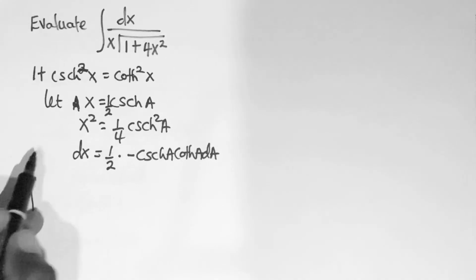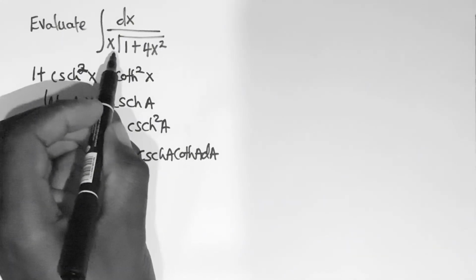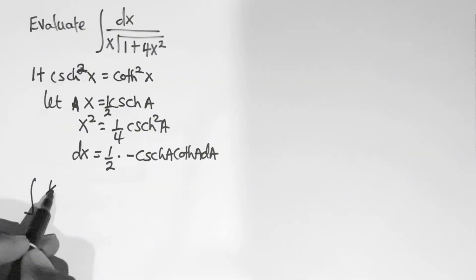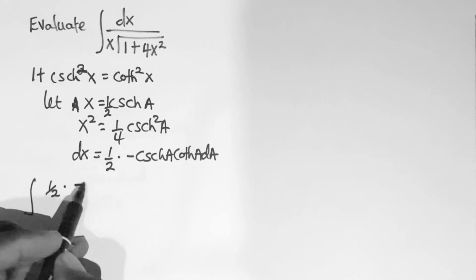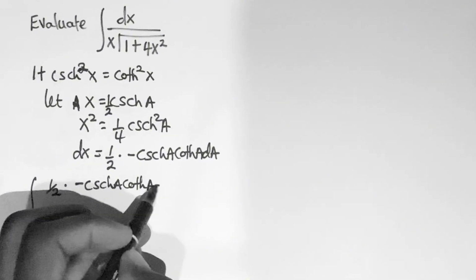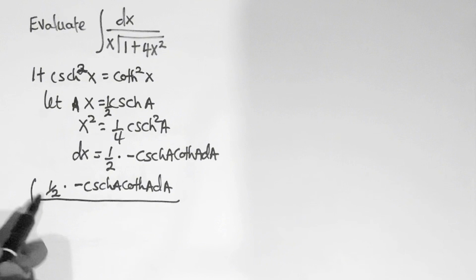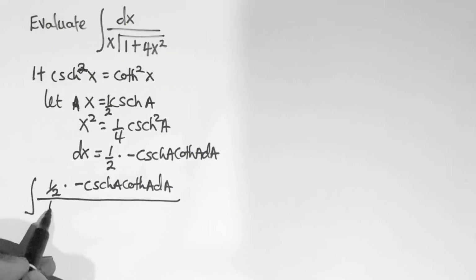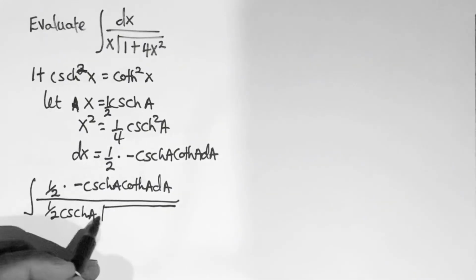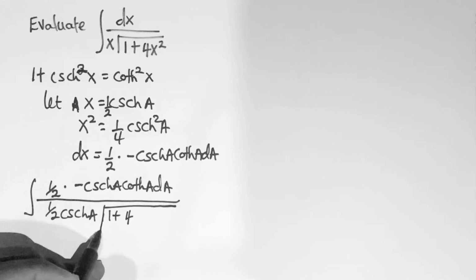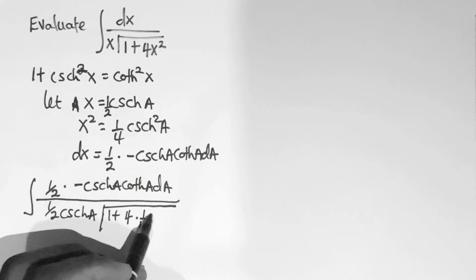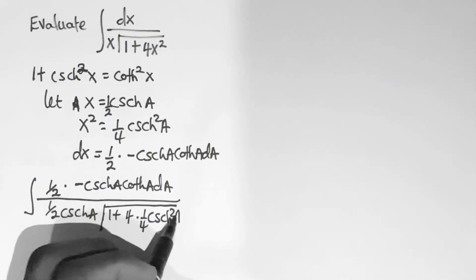This integral of dx over x root 1 plus 4x squared becomes the integral of dx is half, times minus cosech a coth a dA, divided by, then x is half cosech a, and then the square root of 1 plus 4 times x squared, which is 1 over 4 cosech squared a.